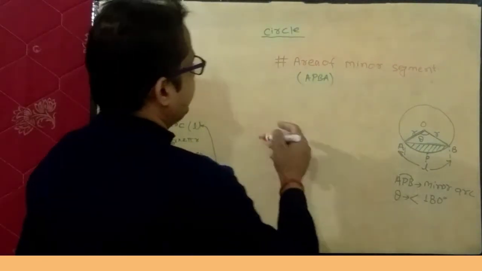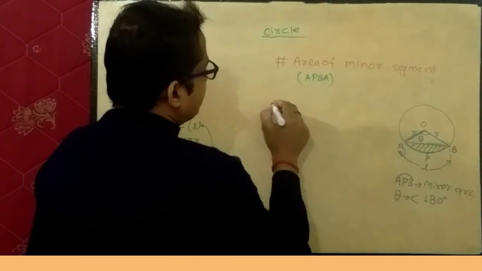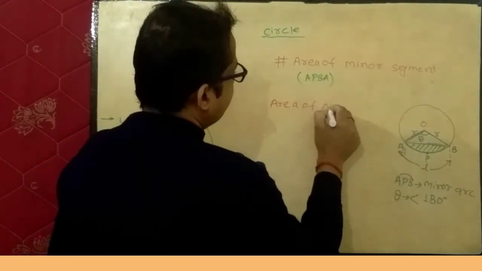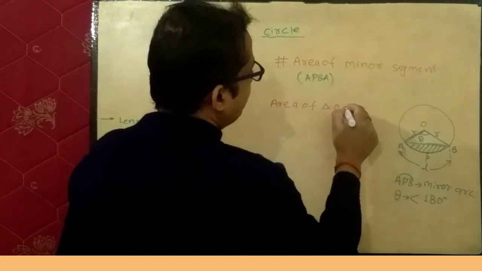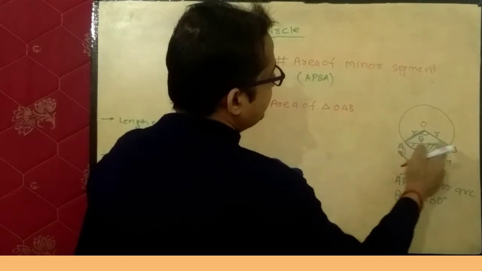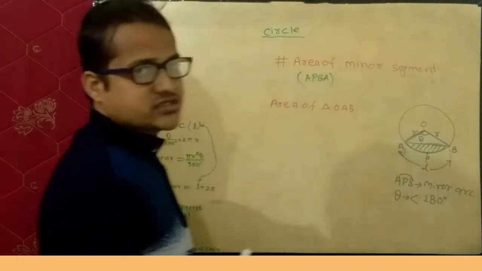So concentrate over here. First calculate area of triangle OAB. This triangle OAB is an isosceles triangle.